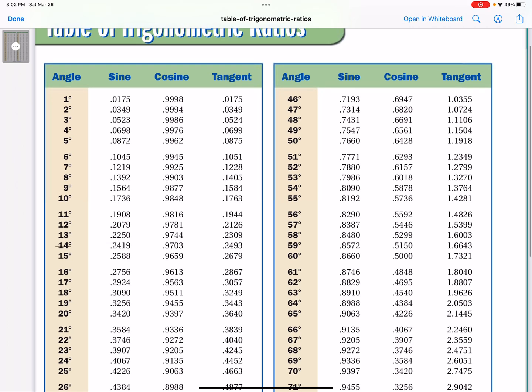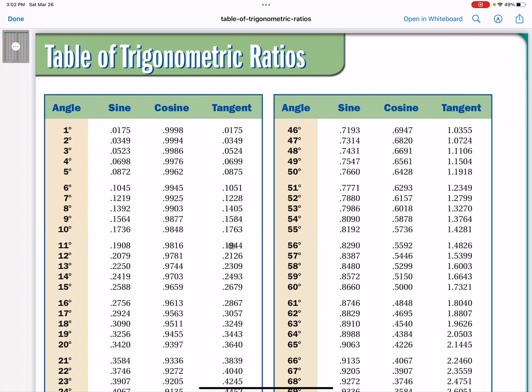Sorry, I was wrong. 0.2250 is somewhere between 12 and 13. Here's 0.2126, 0.2250 would be somewhere in between, and then the next one is 0.2309. So there's no accurate way of getting the answer this way, but you can guesstimate that it's going to be 12 point something.